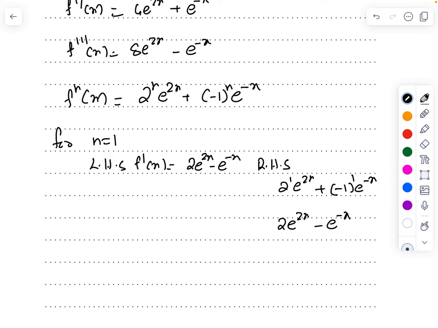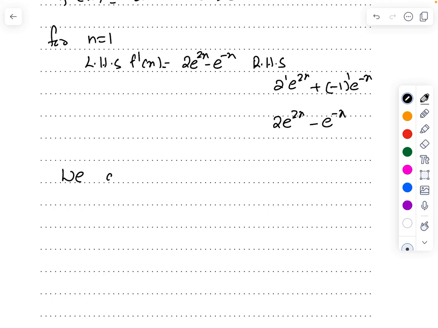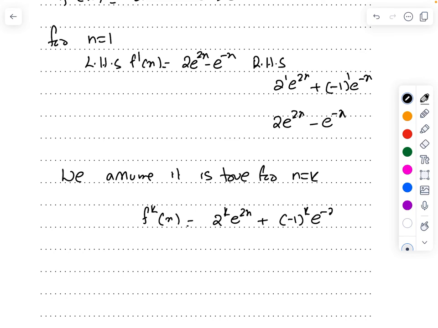Therefore the statement is true for n equals 1. We assume it is true for n equals k. So the kth derivative of f equals 2 power k e power 2x plus (minus 1) whole power k e power minus x. We need to prove it for n equals k plus 1.